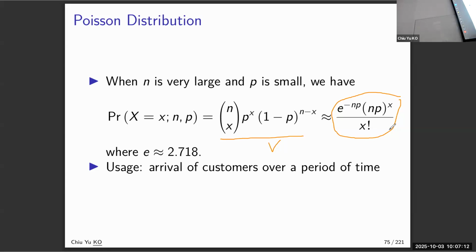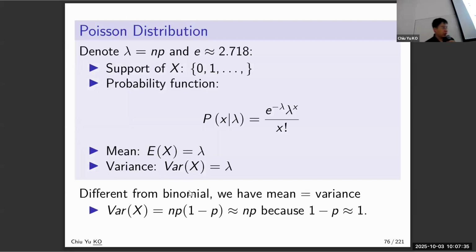And you will later see that there's also one very interesting property. When n is large, p is small. That's very important, because when n is very big, p is the probability of success in a very small interval, so p is very small. So it turns out that we no longer need to think about n and p.